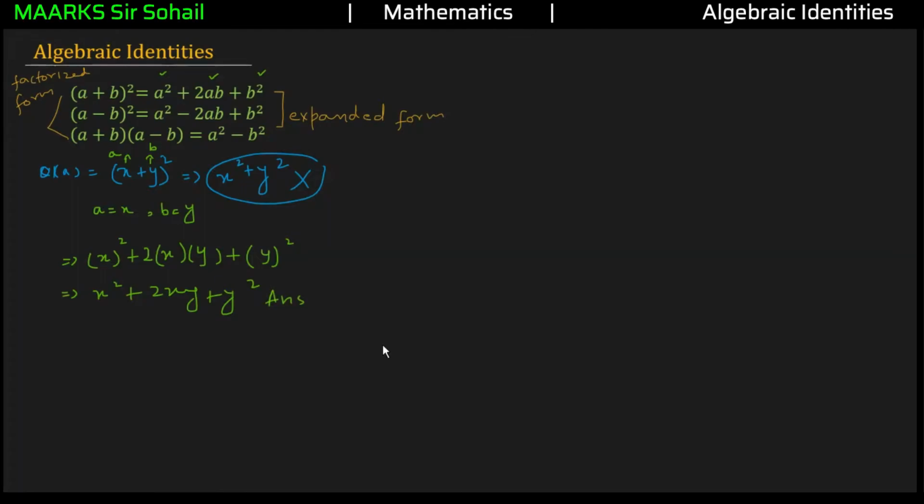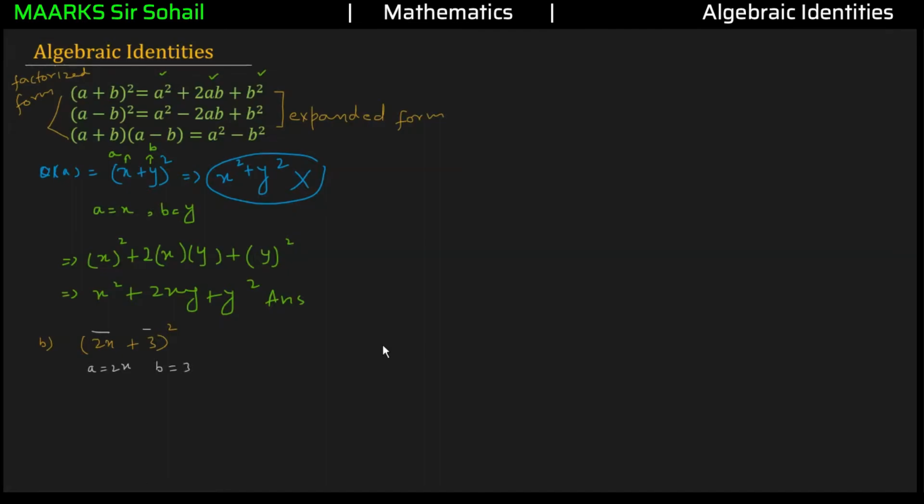Now I'll give you one more example. (2x plus 3) whole square. Now I want to open it with the formula. So here this is my a, which is 2x, and this is my b, which is 3.